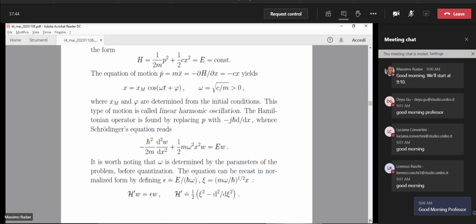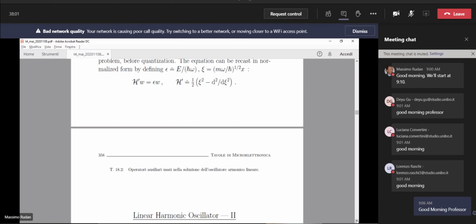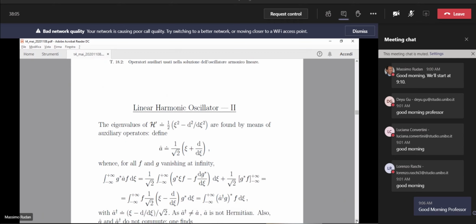And of course, having first-order operators is equivalent to solving first-order differential equations. And these are much easier than the second-order equation. So we shall proceed by attempting to factorize the operator.